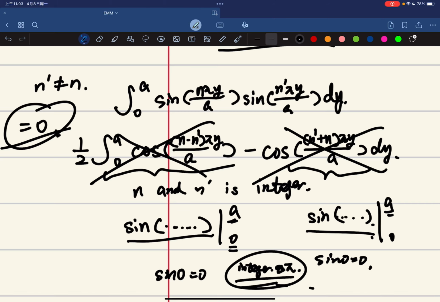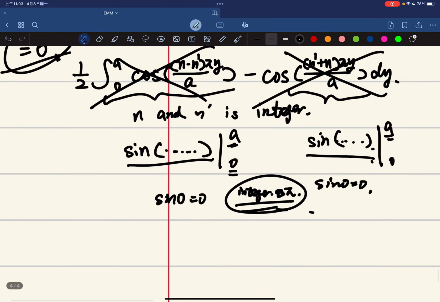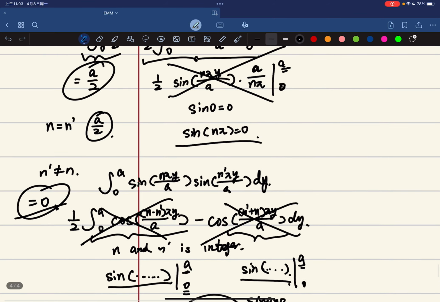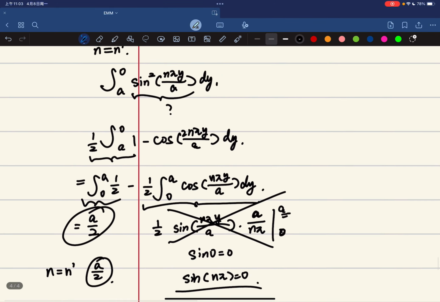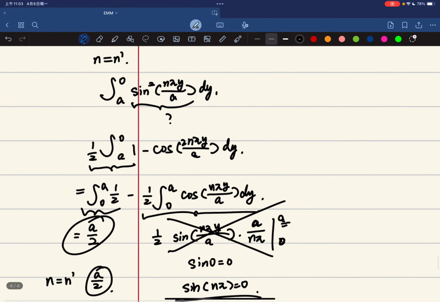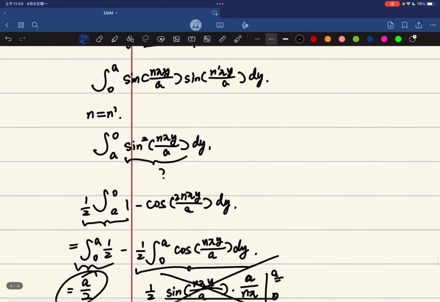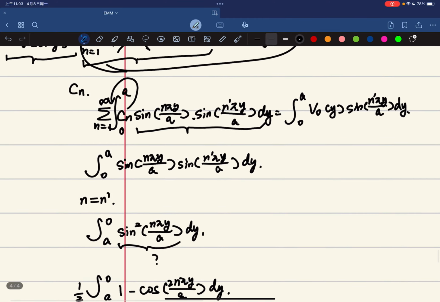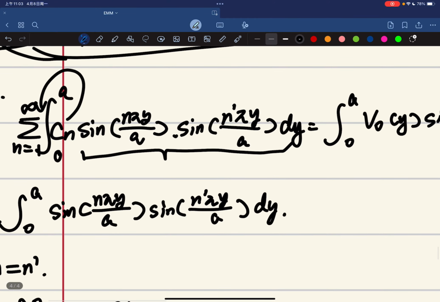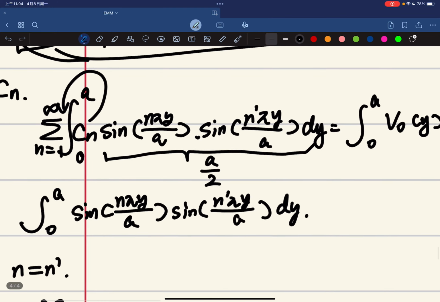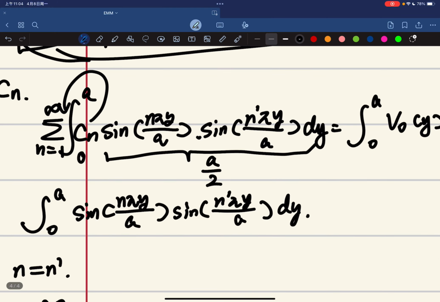So now we have our form. Let's go back to this. Now we know that this is equal to a over 2, and the summation disappears. Why?